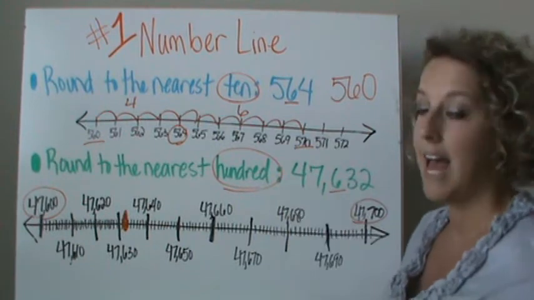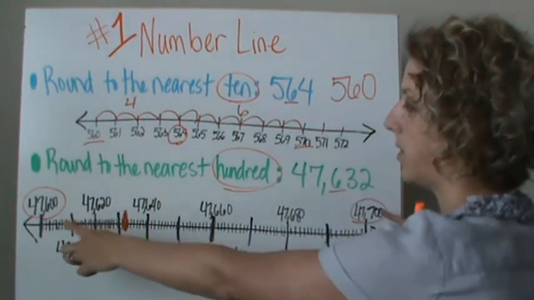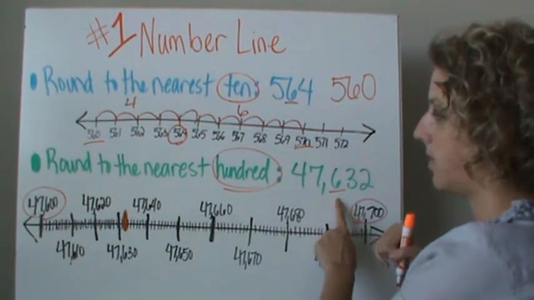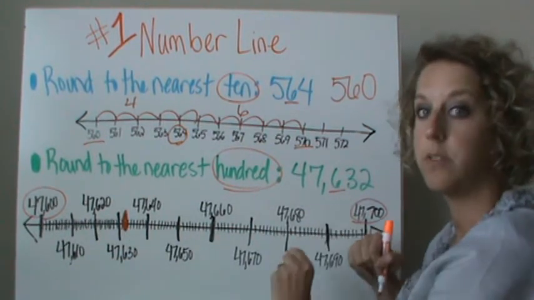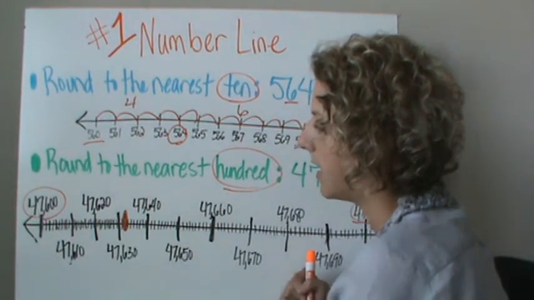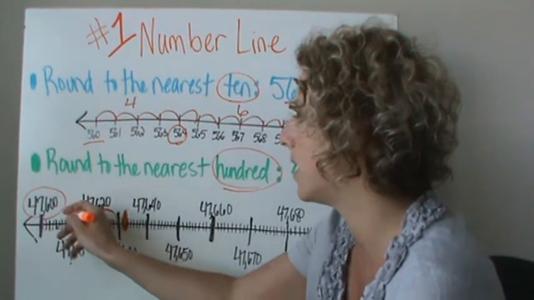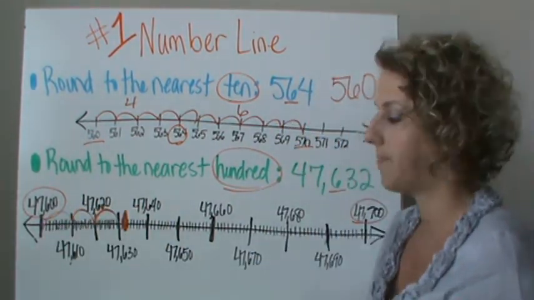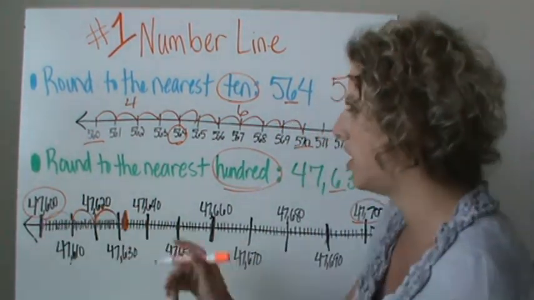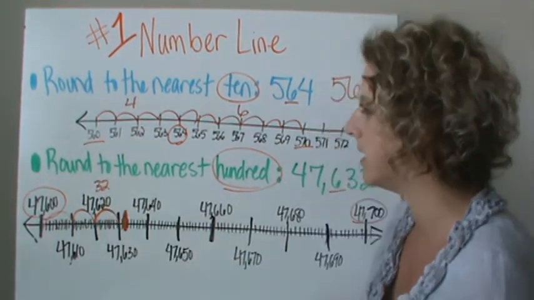So I have to decide how close or far from these two numbers is the number that I'm trying to round. I want to round to the closest number. So I can see, and I'm not going to count every little teeny line, but I can see there are at least 10, 20, at least 30. And I remember there was 32 because of that. So there are 32 spots.